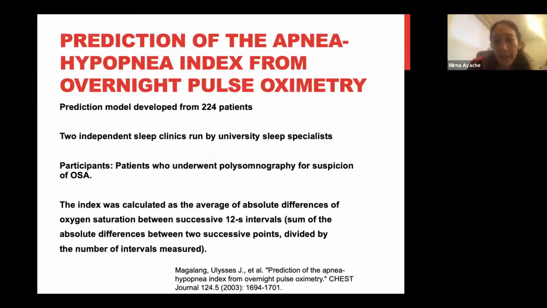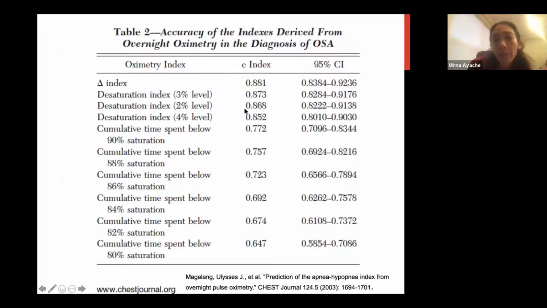They called it a change index, and basically it is the average of the absolute differences of oxygen saturation between successive 12-second intervals. So pretty much it's just another measure of the variability of the oxygen saturation. Then they looked at the accuracy of these indices derived from overnight pulse oximetry in the diagnosis of OSA, and this change index was pretty predictive of OSA.